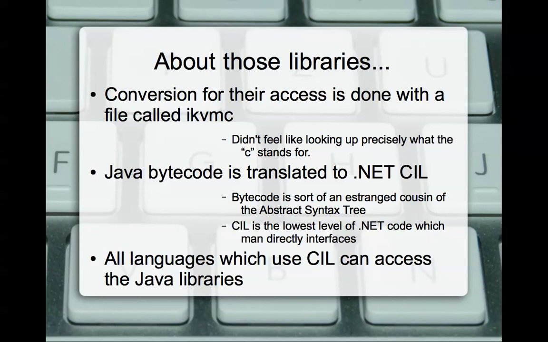Because it does that at that low level, it becomes possible for a variety of languages to be able to use Java code in Java libraries, when doing so before was just not feasible.